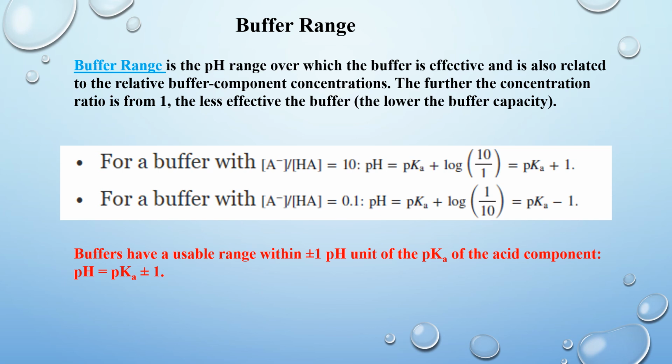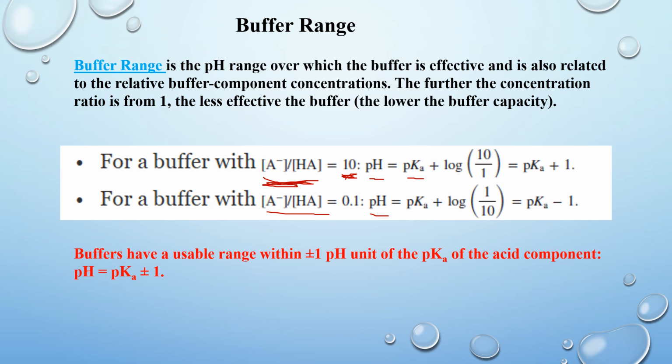For example, if you have a buffer with a ratio of base over acid equal to 10, then by calculating the pH, it is going to be equal to the pKa plus log 10, which equals 1. So your pH is going to be 1 more than the pKa. And if you have a ratio of 0.1, the pH is going to be pKa minus 1, so it's going to be 1 less than the pKa.